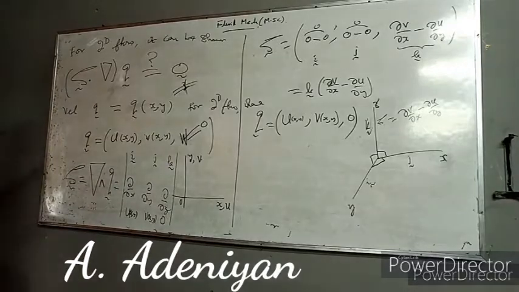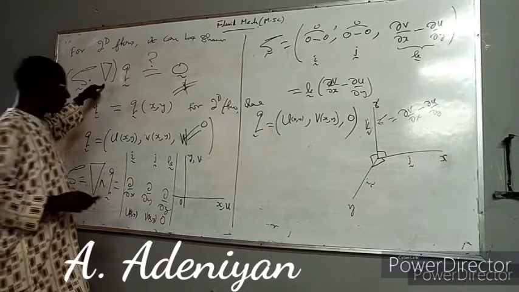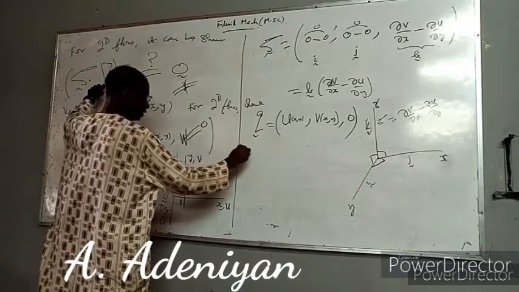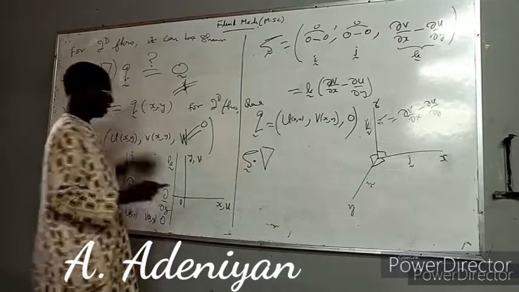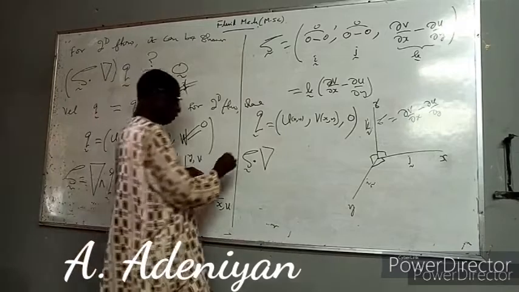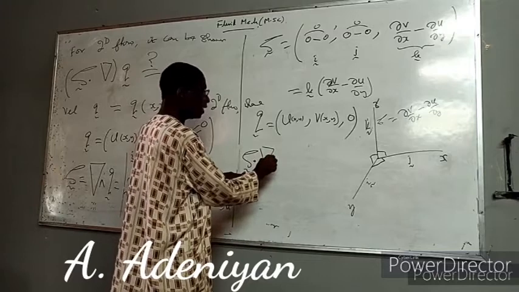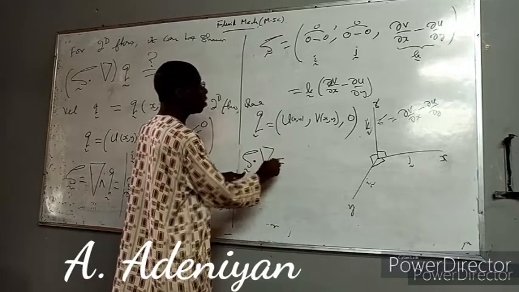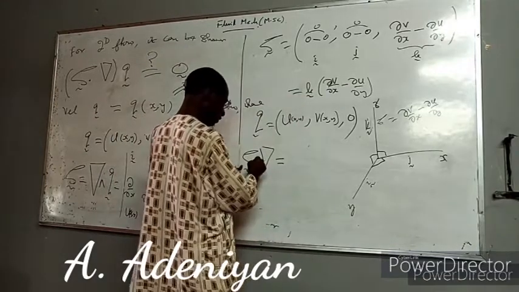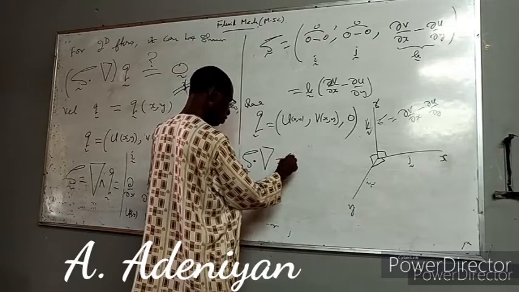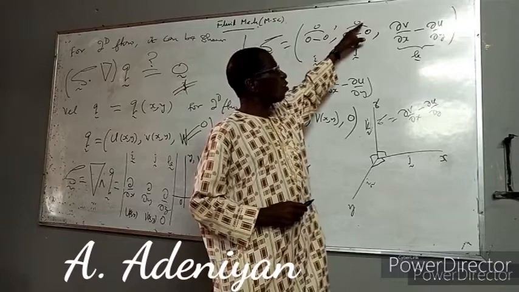Now, I want to find what this is, the dot product of the vorticity vector and nabla. Let's do the arithmetic. If you expand, don't forget, it has only one component. This one is 0. It has no components along i, and no component along this.